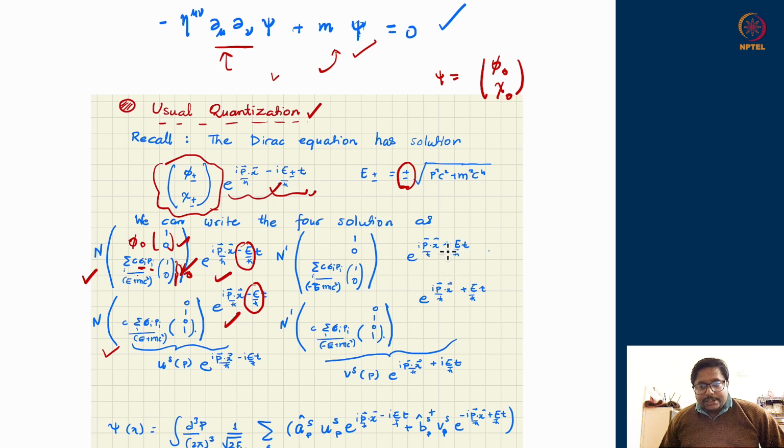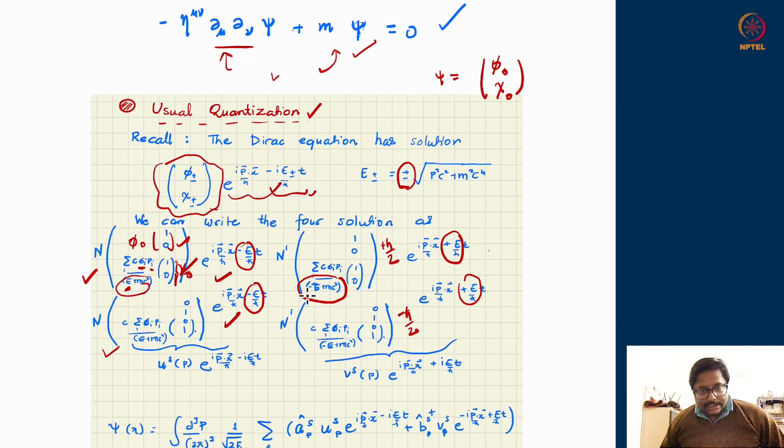For the negative energy, the exponential comes with the wrong sign, plus E upon h bar t. This time it will also be plus E upon h bar t. This is plus h bar by 2 in the spin, and this is minus h bar by 2 in the spin. The factor in the denominator of these two also changes.